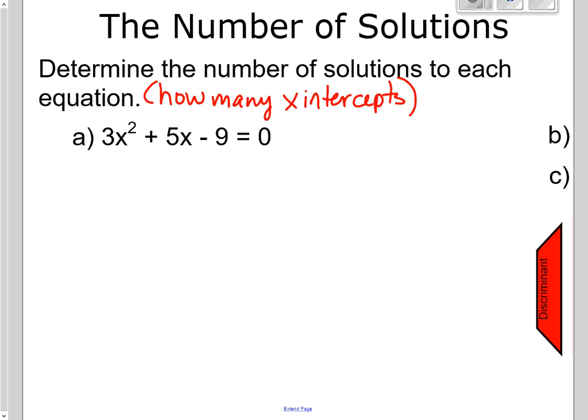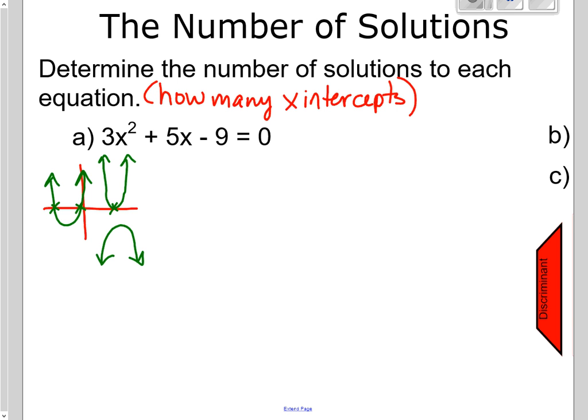If I think about the graph, I could have 2 x-intercepts, so I would have one here and one here. I could have 1 x-intercept where it only hits it once, or I could have no x-intercepts, where it doesn't cross the x-axis at all. So there can be 2 solutions, there could be 1 solution, there can be no solutions.